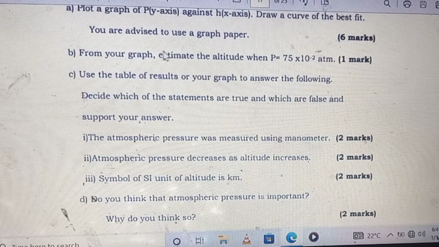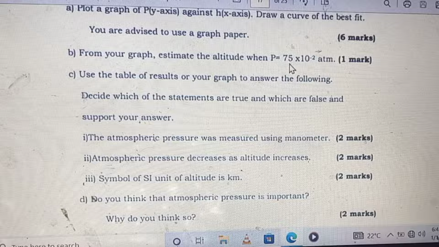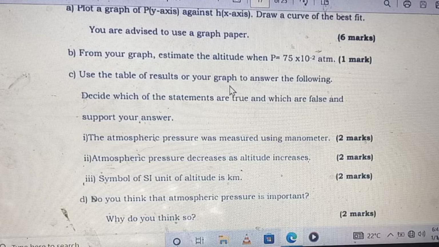B, from your graph estimate the altitude when P is equal to 75 times 10 power negative 2 atmosphere. C, use the table of result or your graph to answer the following. Decide which of the statements are true and which are false and support your answer. I, atmospheric pressure was measured using manometer.